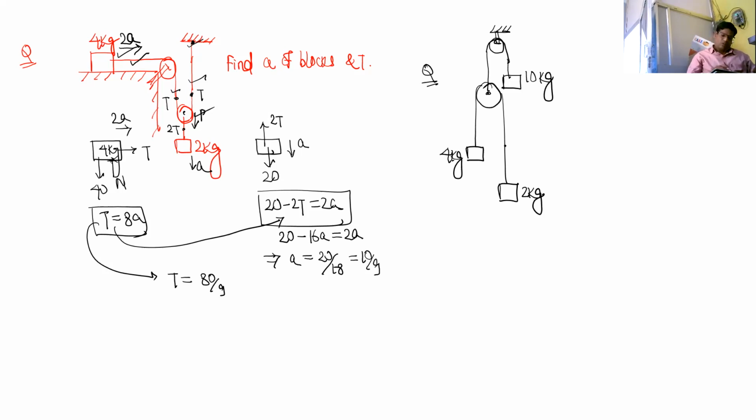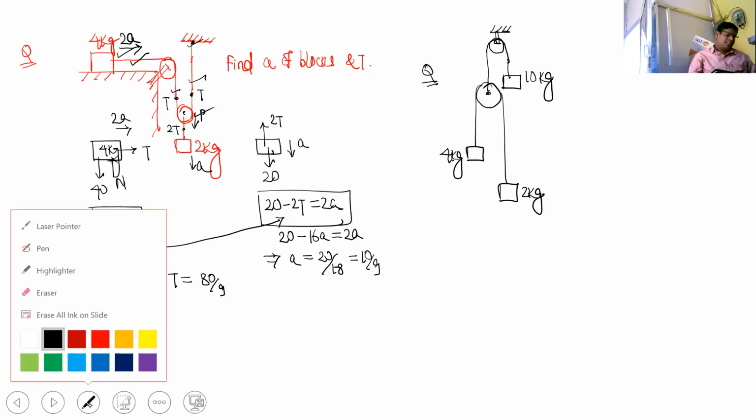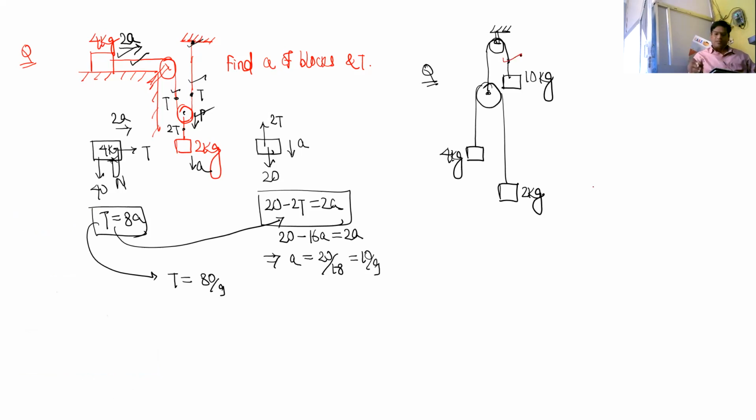So here you see this rope. Now this rope, this comes in which case? 1, 2, or 3? This comes in case 1. Case 1 means if you assume its acceleration to be a, then its acceleration will also be a, right? But now this rope, this comes in which category? Case 3.